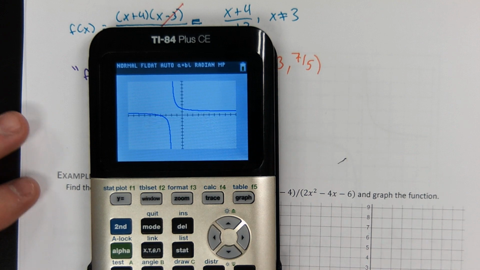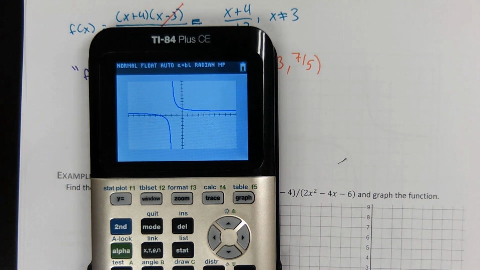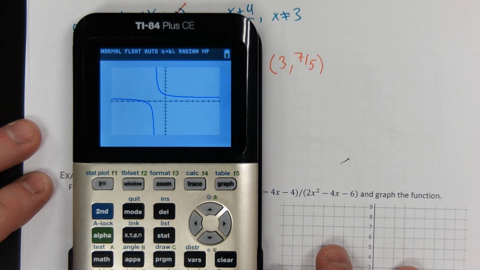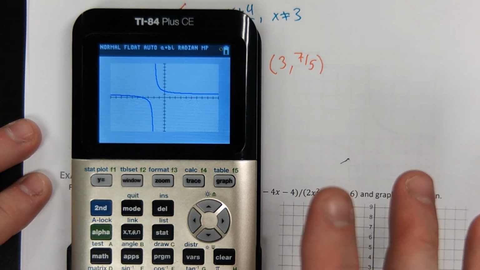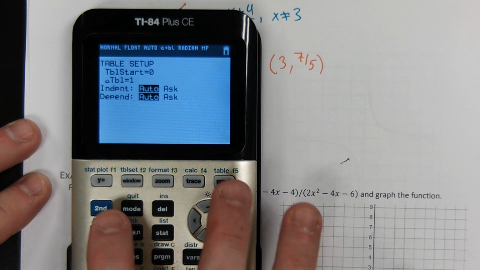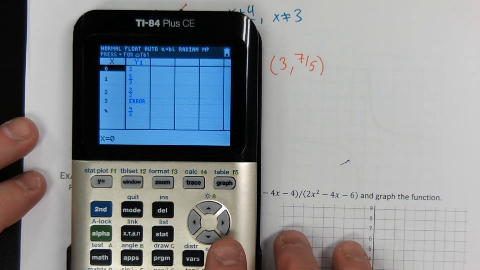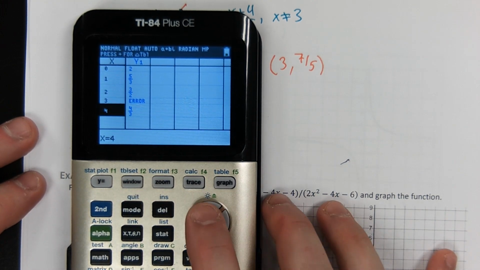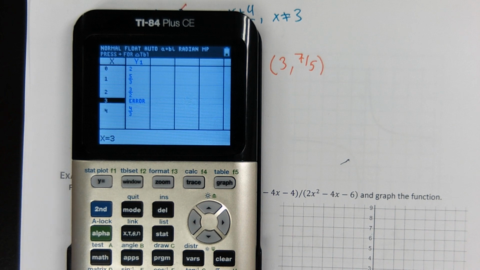Now this calculator, since it's coloring in pixels, can't show you a hole in it at x equals 3. But if I go to the table, I can see that there is a problem at x equals 3. It says error, right?